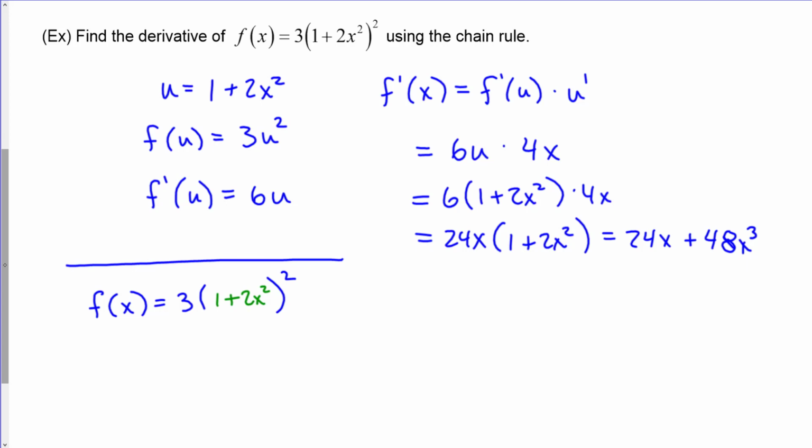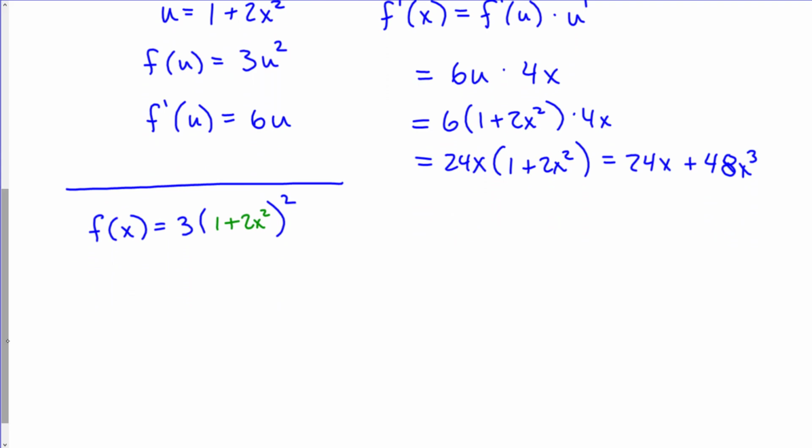So I want you to be able to identify what the inner function and the outer function is, so that when you do these derivatives, what you know to do is take the derivative of the outer function as you would normally. So bring the 2 down, multiply it against the 3. Evaluate that outer function at the inner function. So you leave this part alone for right now. Subtract 1 from your exponent. That finishes up the derivative of the outer function.